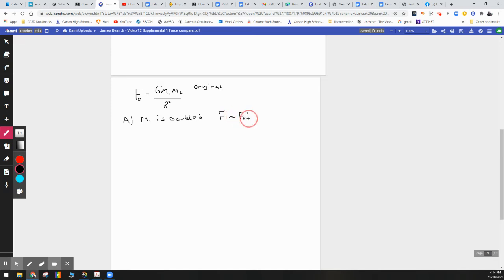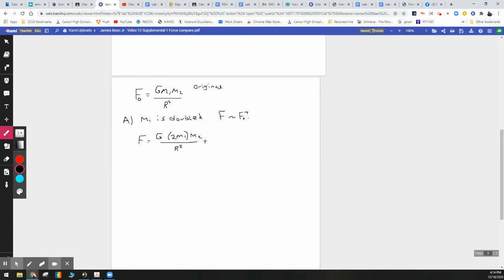Let's find out. So this will be the new force here. Nothing's happened to G, but M1 is doubled, so that means we have 2m1. That's what doubled means. And M2 is not affected, all of this divided by r squared.